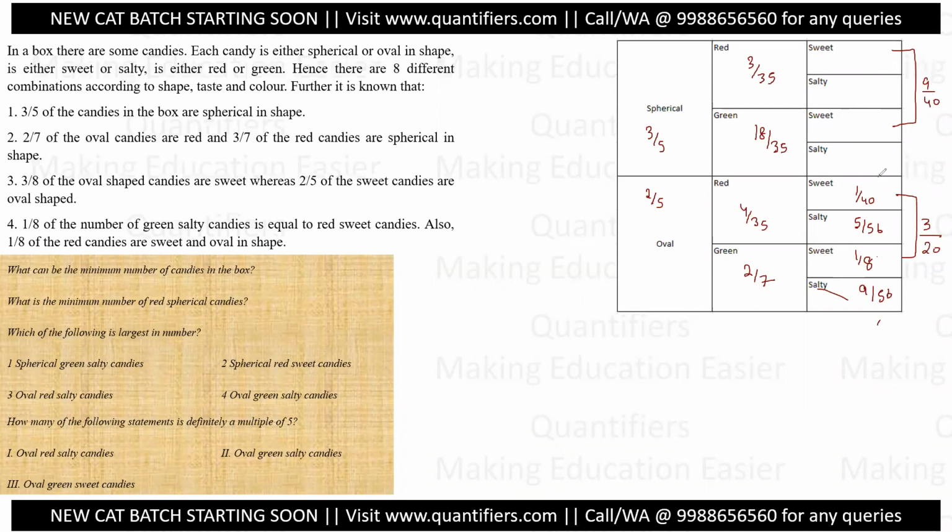All right. So I will try to use as few variables as possible. Let us call this A. If the total is 9 by 40, this is 9 by 40 minus A. This would be what?